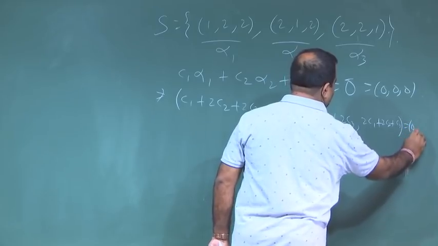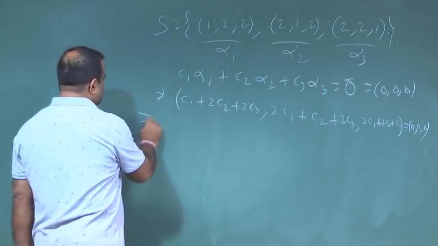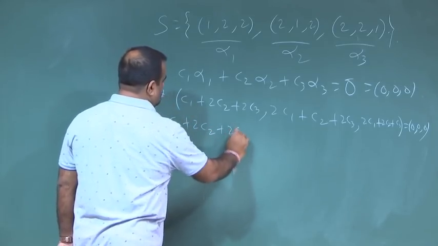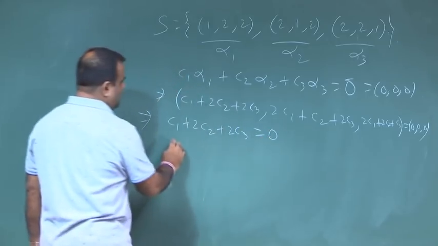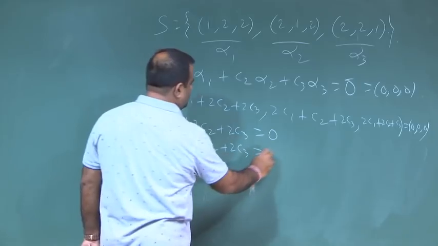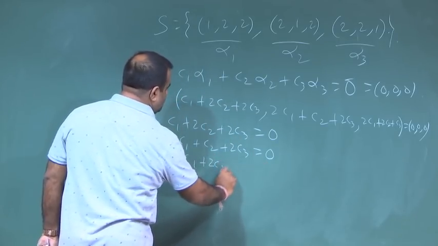These are basically 0, 0, 0. So this will give us 3 equations: C1 plus 2 C2 plus 2 C3 equal to 0, then 2 C1 plus C2 plus 2 C3 equal to 0, then 2 C1 plus 2 C2 plus C3 equal to 0.